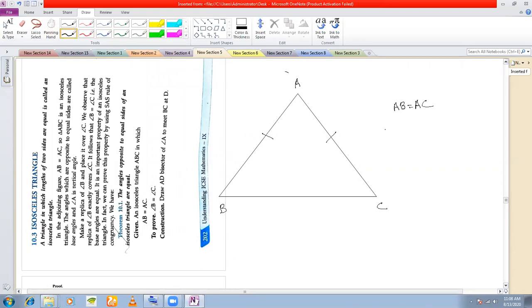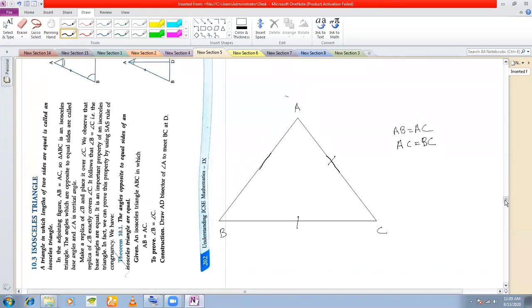So in this isosceles triangle, AB is equal to AC. Otherwise, the other two sides can also be equal. Even then, it is an isosceles triangle. In fact, if any two sides are equal in a triangle, then it is called an isosceles triangle.